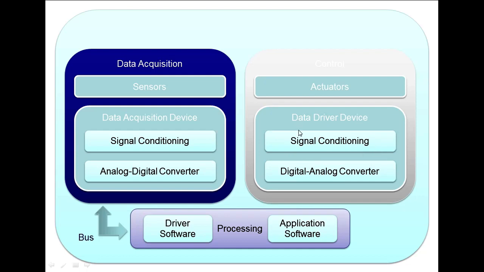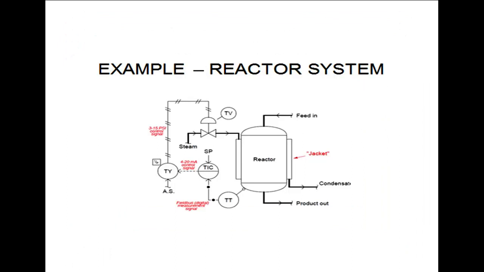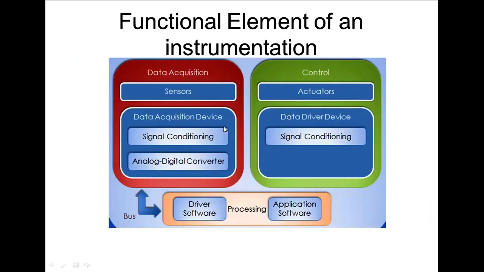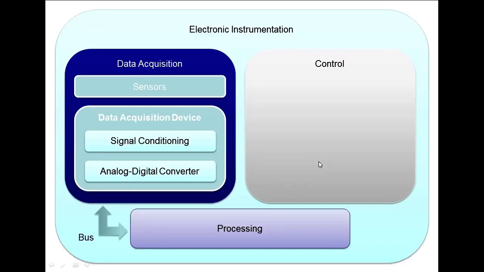Because in the example system just now, this valve is controlled using a 3 to 15 psi pneumatic signal. But our controller output will be 4 to 20 mA current. So we need signal conditioning that can convert from current to pressure to control this valve. That's why we also have signal conditioning on the output.